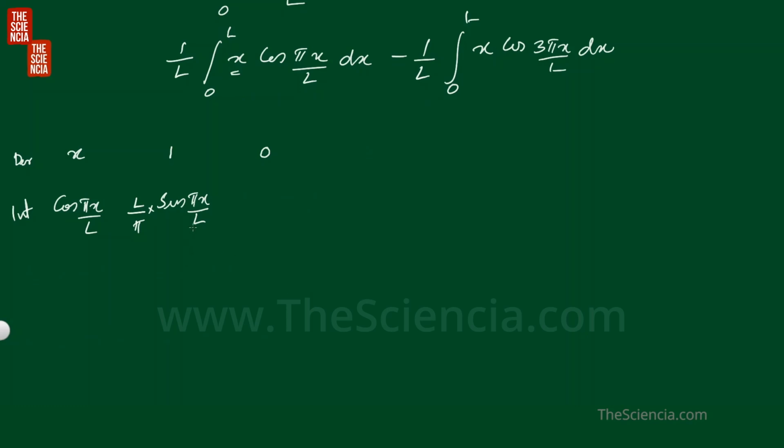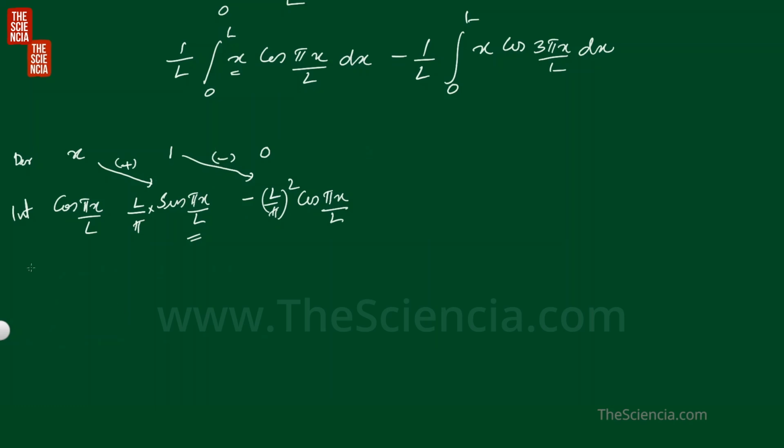Now we have to take the integral of this function. What is the integral of sin? That will be minus cos, that is, we got minus (L/π) squared cos(πx/L). Now we have to multiply these terms. When we are multiplying, we take the first as positive, and the next term we multiply with an additional minus sign.